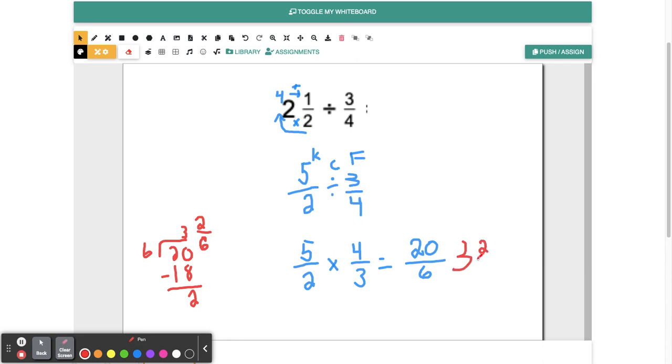And again, if you have a teacher who wants everything nice and perfect and simplified, you would know that that turns into 3 and 1/3. So there's dividing fractions with fractions, whole numbers, and mixed numbers.